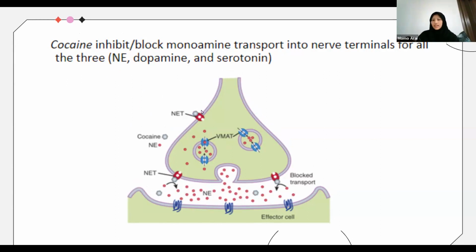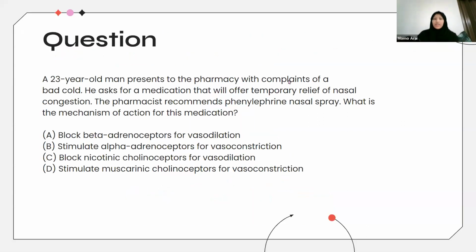You can see it's blocking, it has the ability to bind to reuptake molecules like these that usually take up norepinephrine. Is that clear for everyone? Okay, good. Next question.